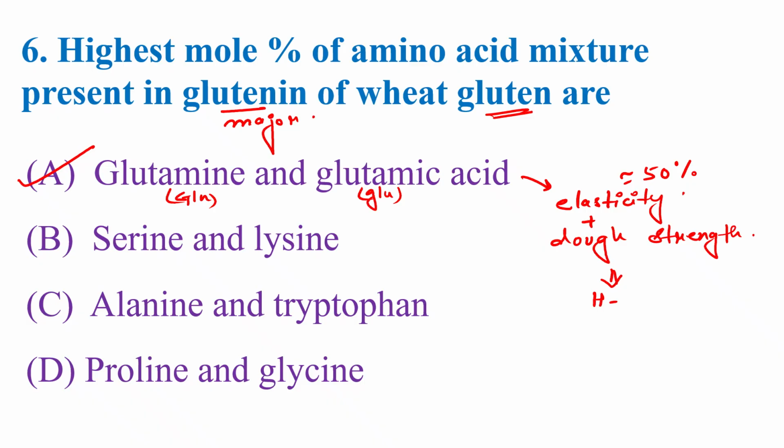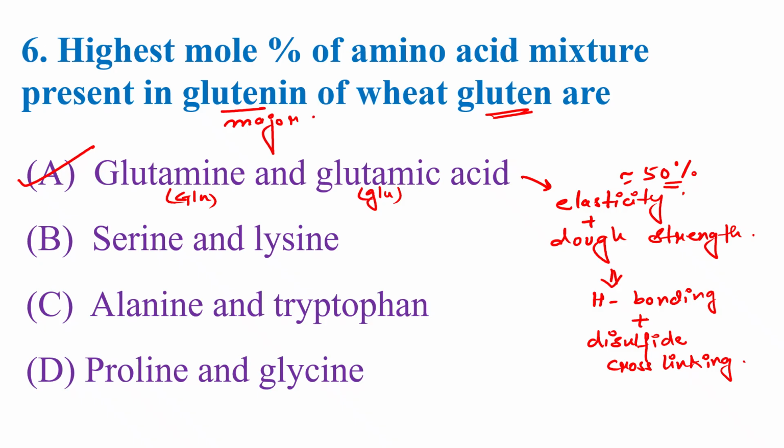Via hydrogen bonding and disulfide cross-linking. So this glutamine and glutamic acid, they will together account for 50% of the amino acids, and contribute to the gluten's elasticity as well as the dough strength, via hydrogen bonding and disulfide cross-linking.